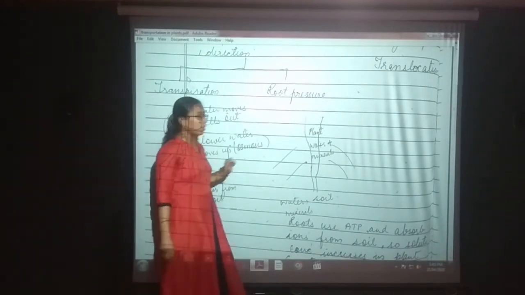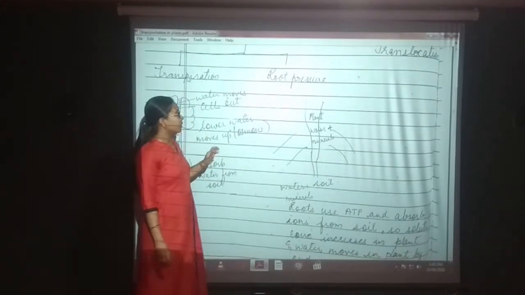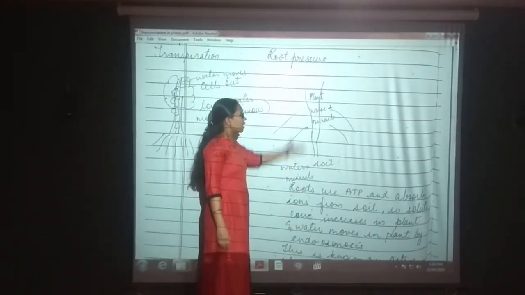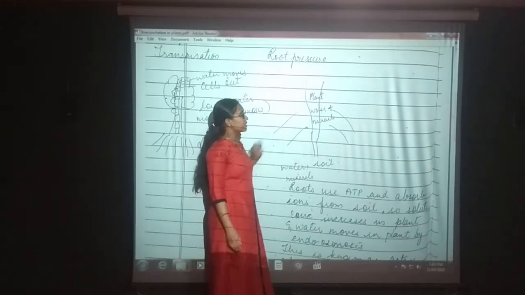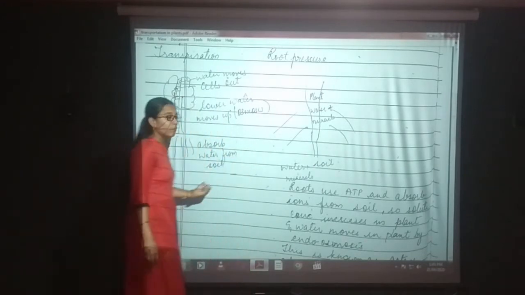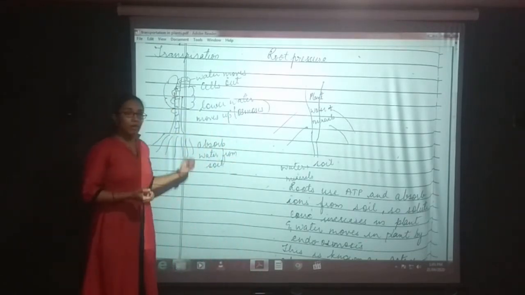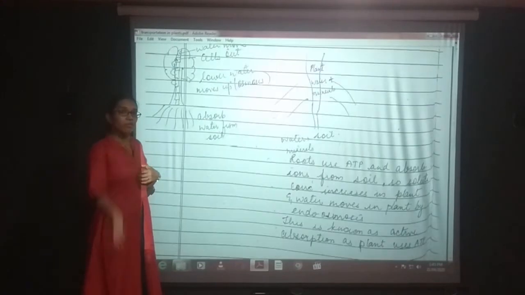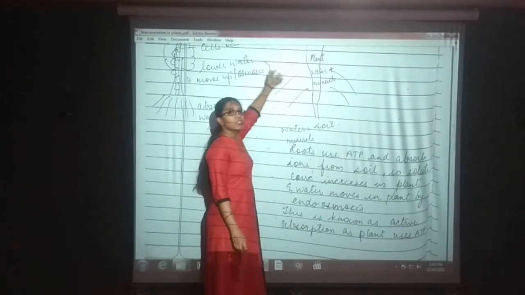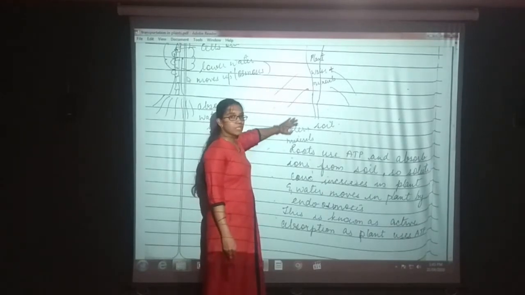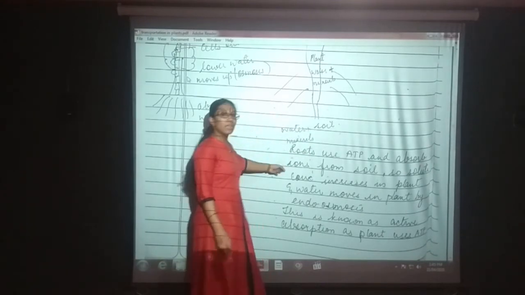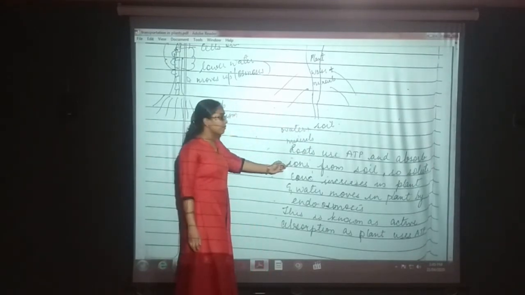Next is the process of root pressure. What happens in root pressure? The plant needs water plus minerals. Water is taken up from the soil and it requires some amount of minerals also. The roots use ATP, which they form from food, converting it into energy. So they use up the ATP to take water and minerals from the soil into the plant and absorb the ions. When they take minerals, it means they are taking up ions from the soil.